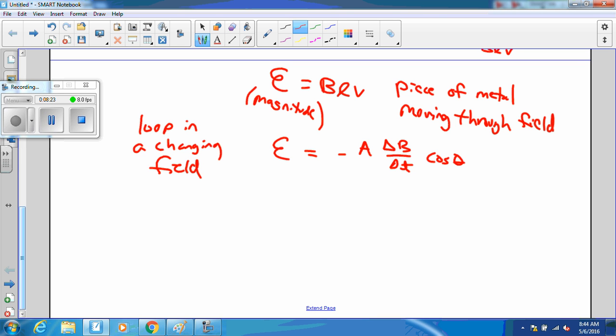And so here we see the contrast between changing field on the one hand and changing area on the other hand. Same principle, Faraday's law of induction, but now when we apply it to different situations, we end up with very different looking equations. And that's going to also be true when we take a look at the generator today.